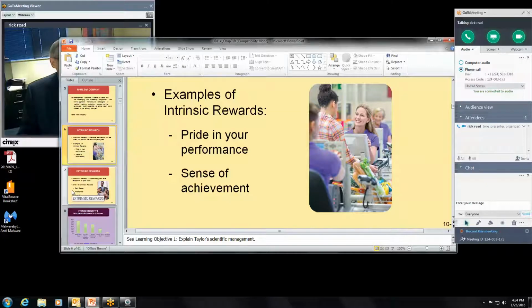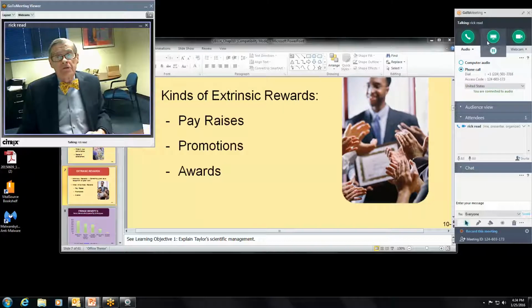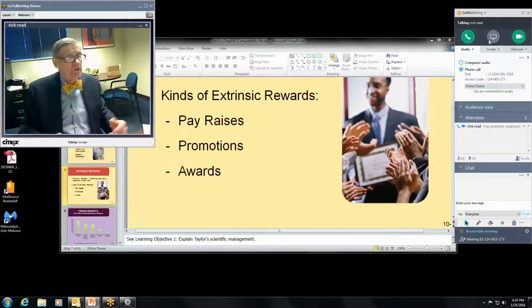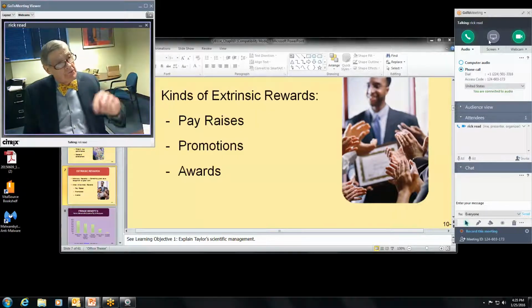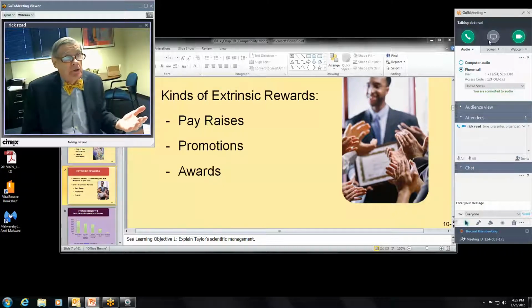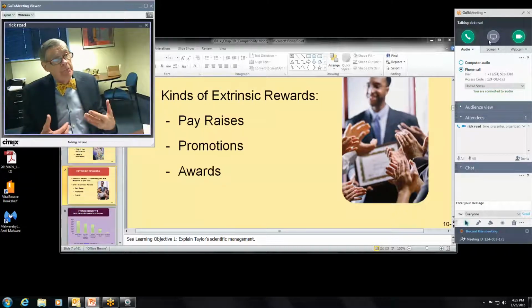On the other hand, we have extrinsic rewards, which are things given to you by someone else. Notice here a promotion, a pay raise, some type of award, some type of recognition, maybe even just a pat on the back saying job well done, but it's done from someone else, and he or she is recognizing what you have done and thanking you for it and asking you to continue, although that may not be an overt statement.